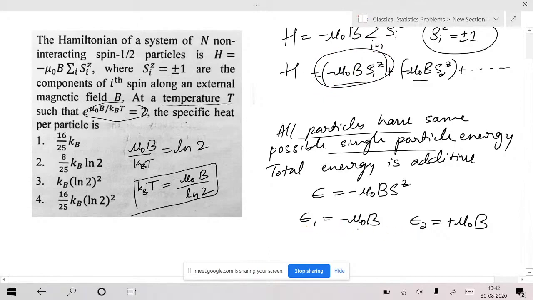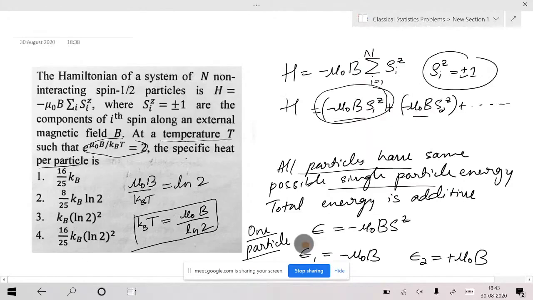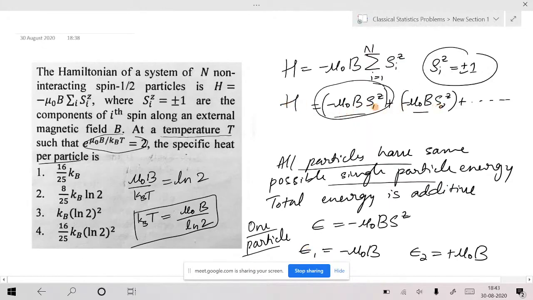Since he is asking per particle, I can concentrate on one particle. So grab the idea here. Since the total Hamiltonian is written as the interaction term of each individual spin with the external magnetic field, the total Hamiltonian is additive, and that's why energy also becomes additive. That is the idea.